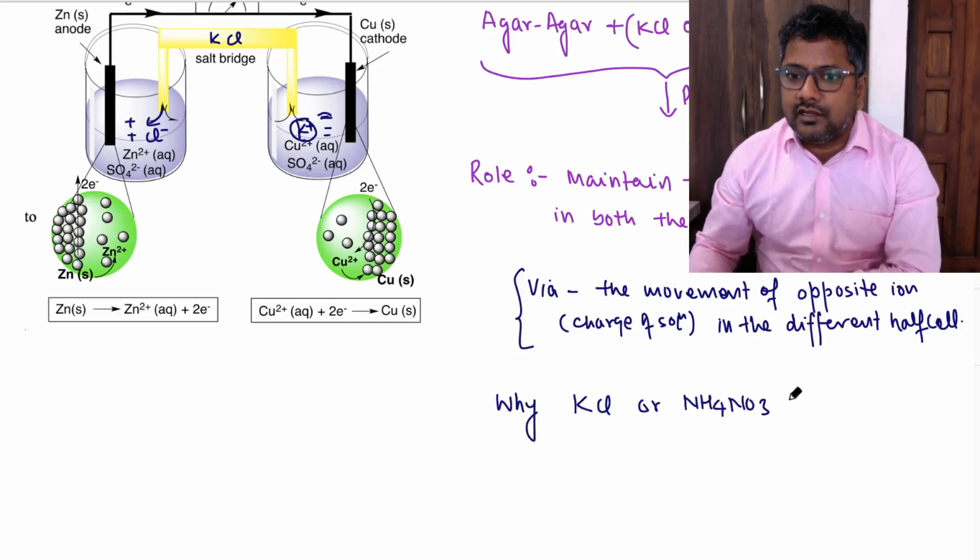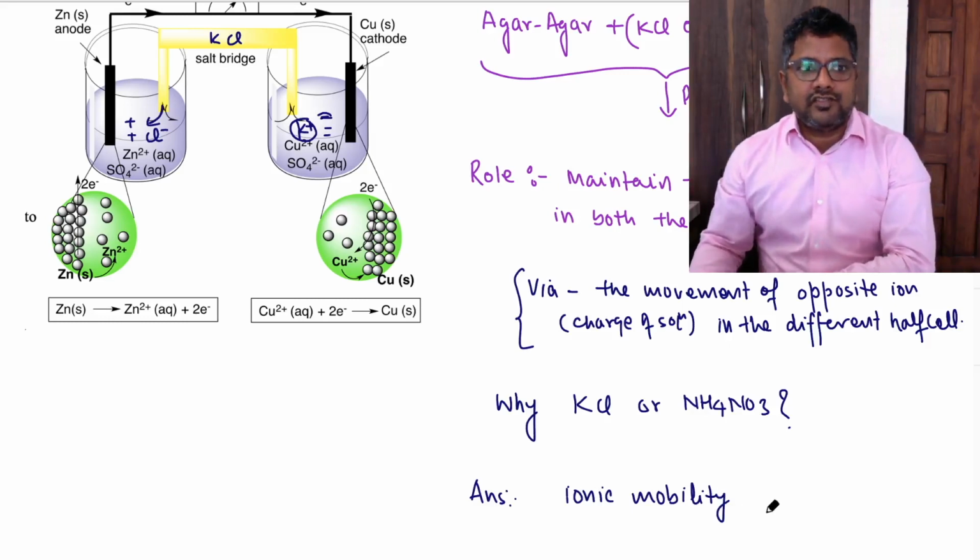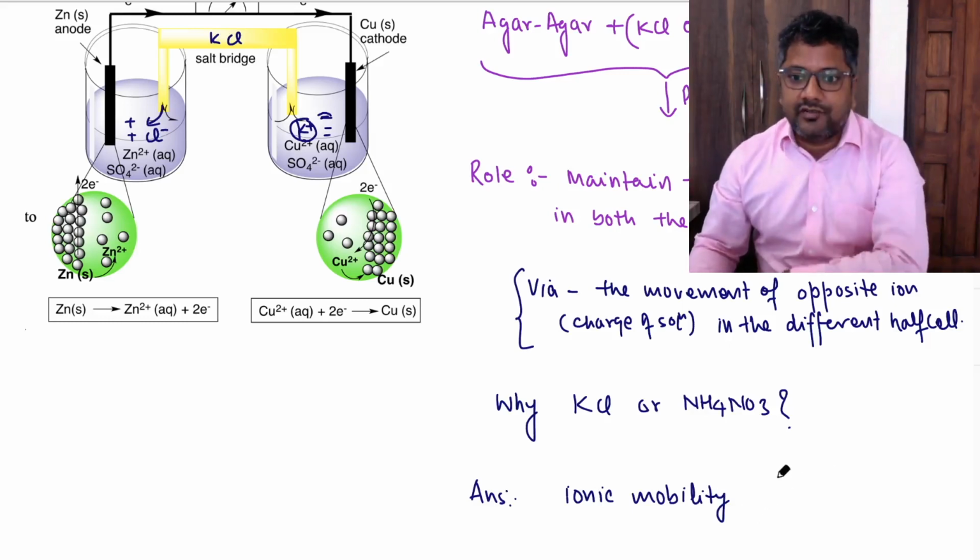The answer is ionic mobility, which means the distance traveled per unit time by an anion or cation under the same potential difference.